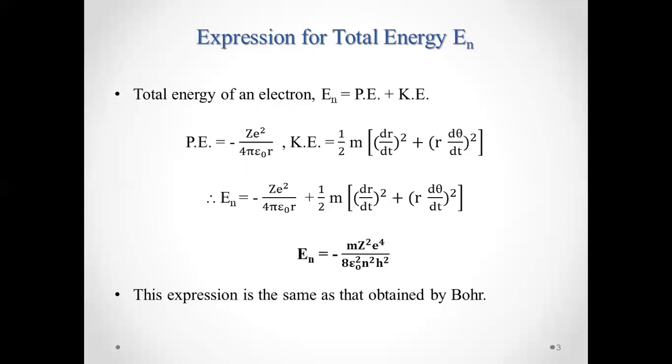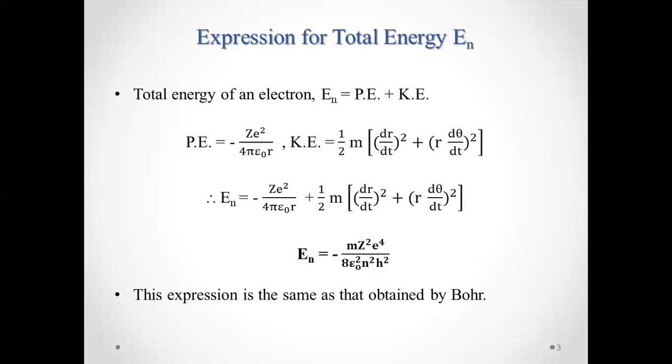Substituting these values of potential energy and kinetic energy in the expression for total energy En, and after simplification, we arrive at the final expression as En equals minus m Z square e to the power of 4 divided by 8 epsilon naught square n square h square.